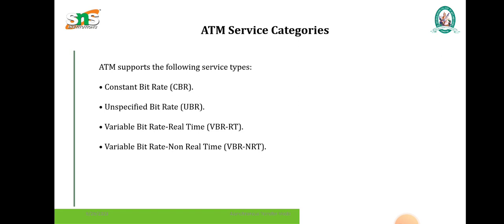ATM service categories. The various services provided by ATM are constant bit rate, shortly called CBR, unspecified bit rate, UBR, variable bit rate real time, that is VBR RT, and variable bit rate non real time, that is VBR NRT.